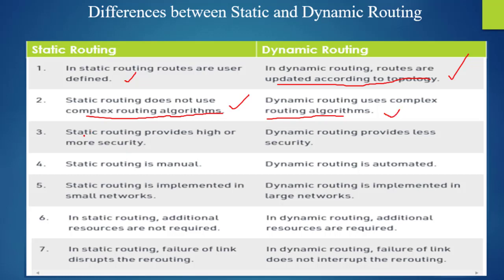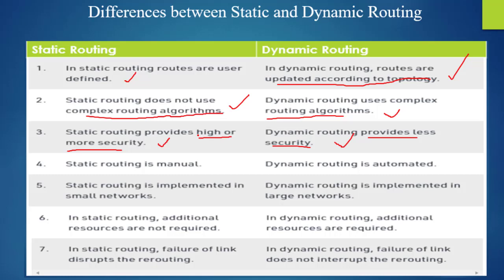Number three, static routing provides higher security. As we've been saying, in static routing the admin will have to include the routes on his own. But dynamic routing provides less security.